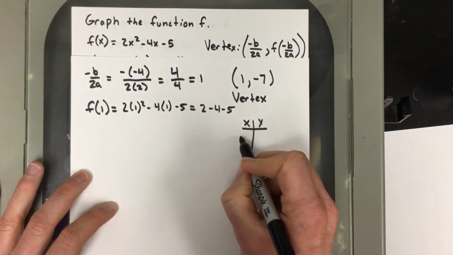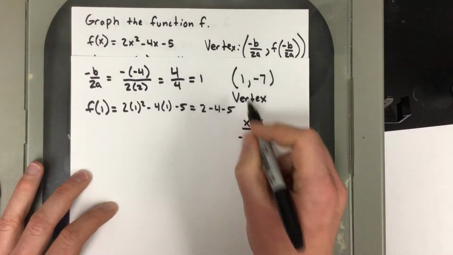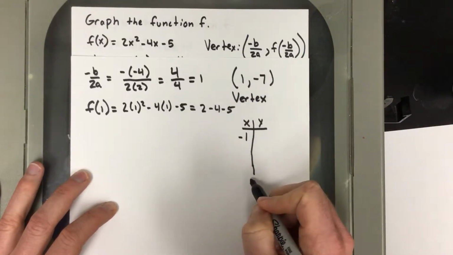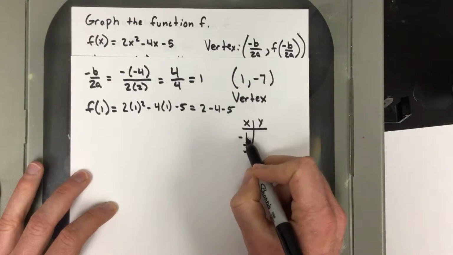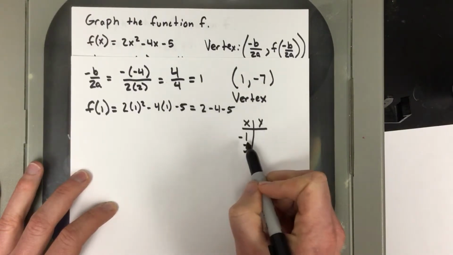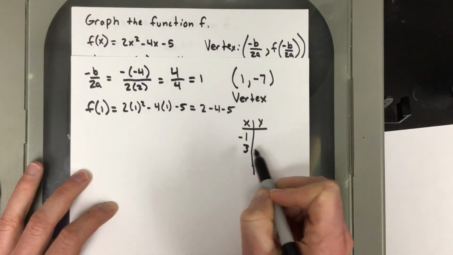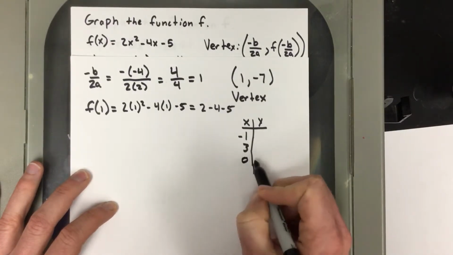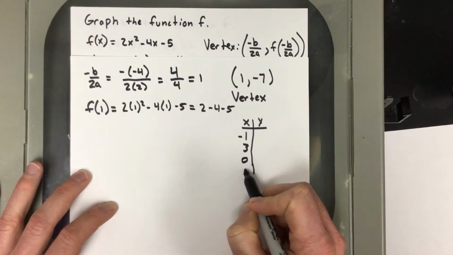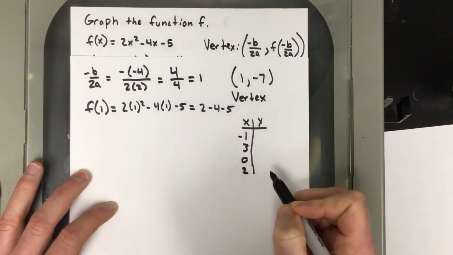So 2 smaller would be negative 1, and then I'm going to pick 3. Notice negative 1 is 2 smaller and 3 is 2 bigger than 1. And then I'm also going to pick 0, because that's 1 smaller than 1, and I'm also going to pick 2, because it's 1 bigger than 1.